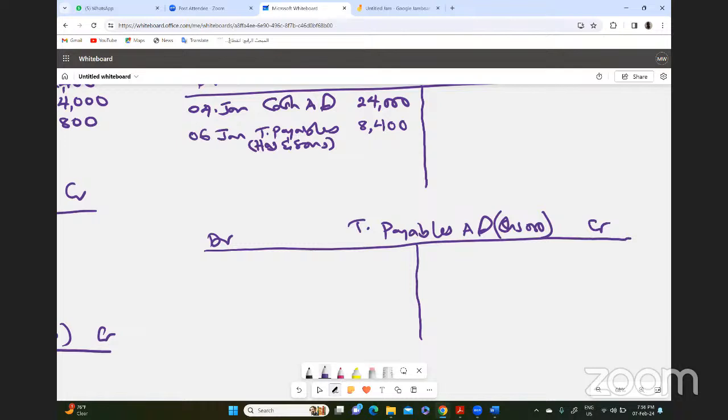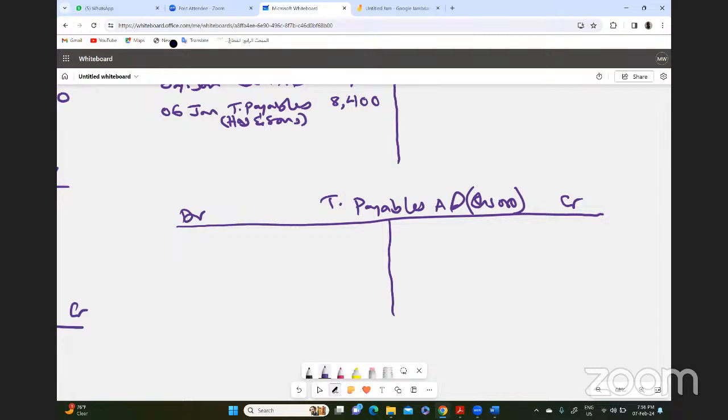Even if someone uses Haj and Sons, it is okay. And then we are crediting our trade payables with the same amount to complete double entry. And then we are using the words purchases account. Are we okay?